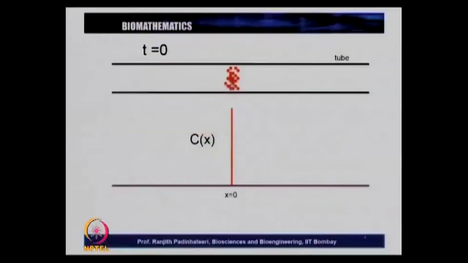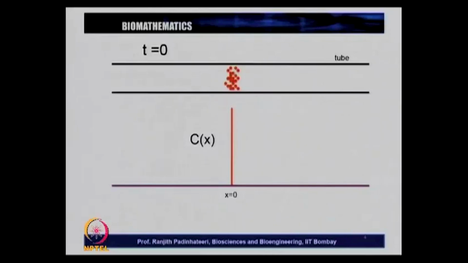We have a tube here with some protein molecules, and there is water in it. You can think of these as protein molecules or even ink molecules or any molecules, and we call this time equal to 0. Now, as time goes, what will happen?